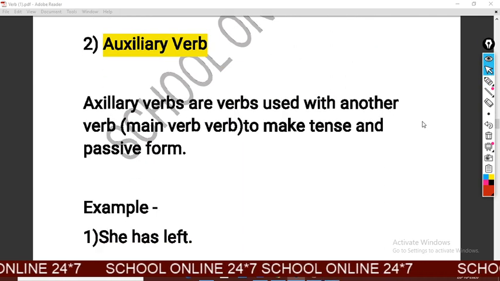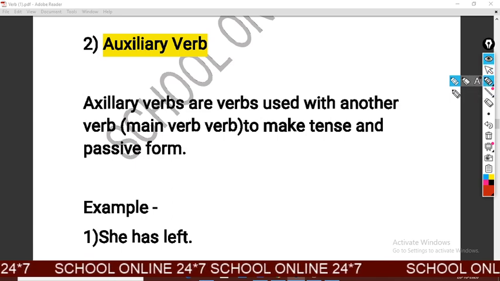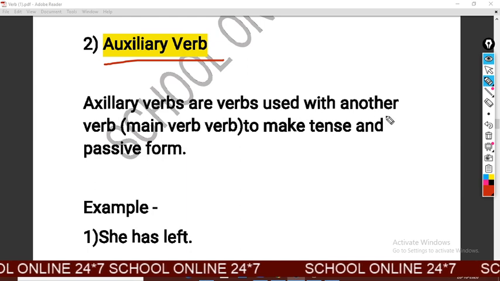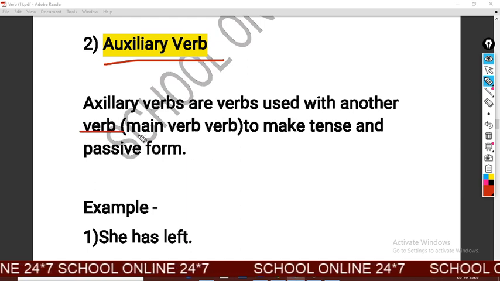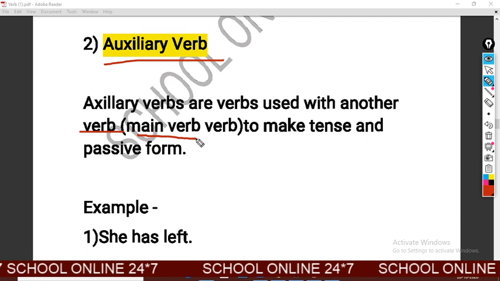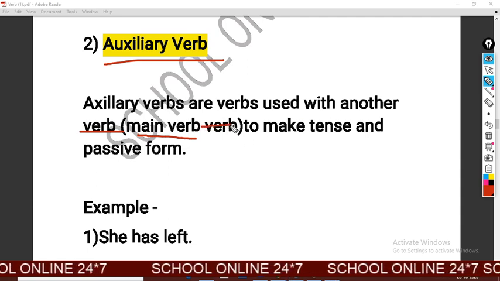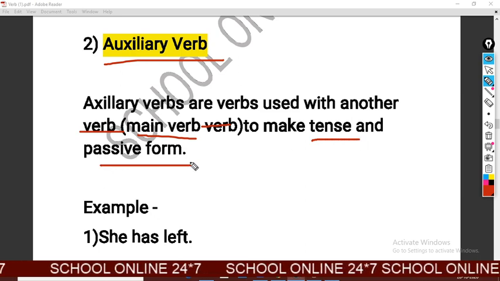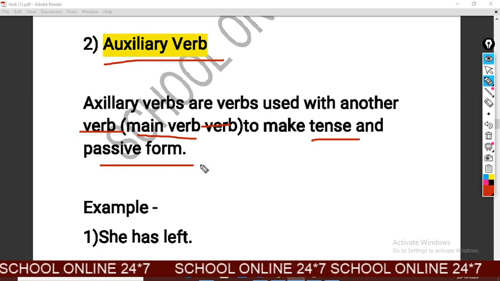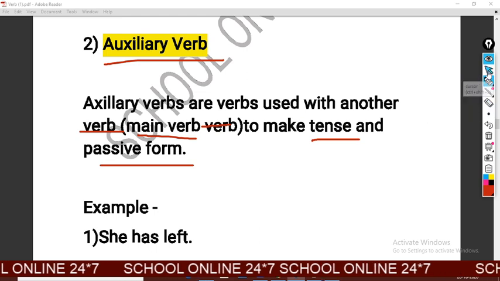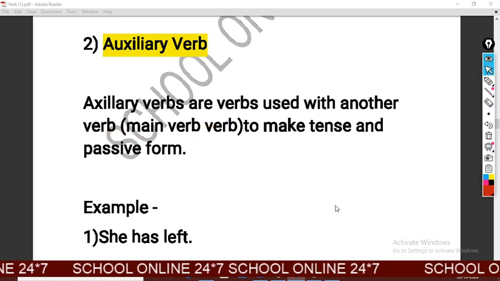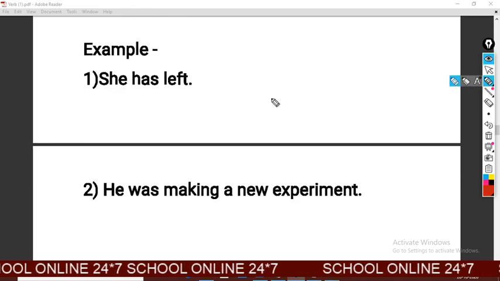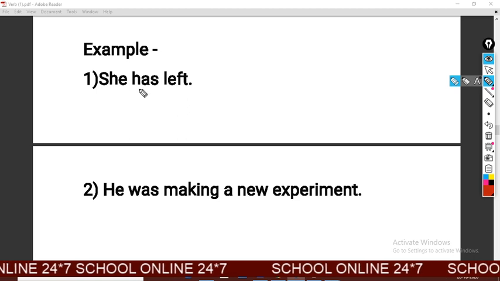The second kind of finite verb is the auxiliary verb. Auxiliary verbs are verbs used with another verb, means with the main verb, to make tense. It shows us tense and passive form also. How? Look at it with the examples. She has left.